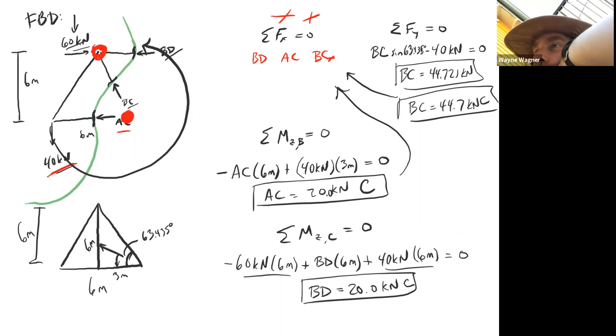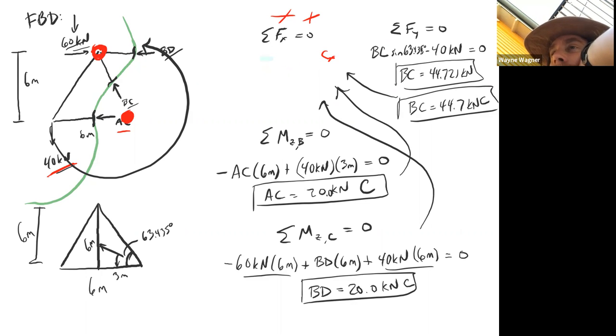Okay, so one thing that we could check here is we could easily go back and do the sum of forces in the X to see if we did it right. I'll go ahead and do that because this is making me nervous. We just need the X component of this to make this easy.